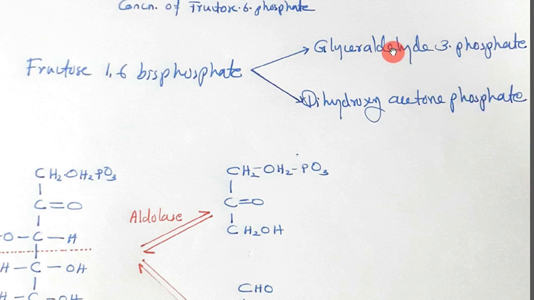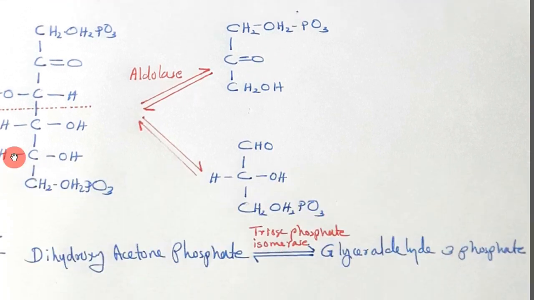Both are 3-carbon compounds, whereas glyceraldehyde is an aldose sugar and dihydroxyacetone is a keto sugar. So here one 6-carbon keto sugar is exactly divided into two equal parts.